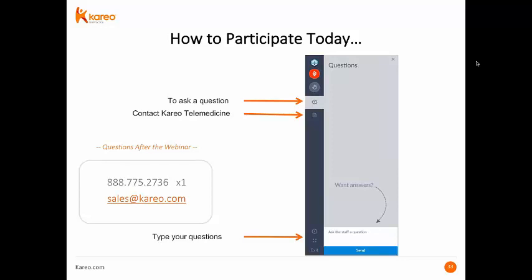On your webinar platform, if you click on the files icon, there's a contact Kareo Telemedicine link, so you can send us your information, whether you're new to Kareo or currently working with us. We'll definitely get back to you with more information.